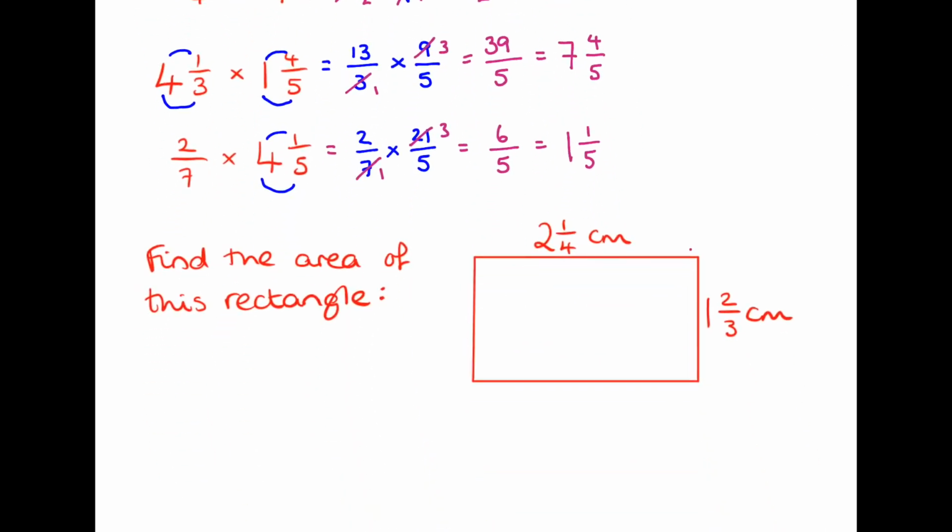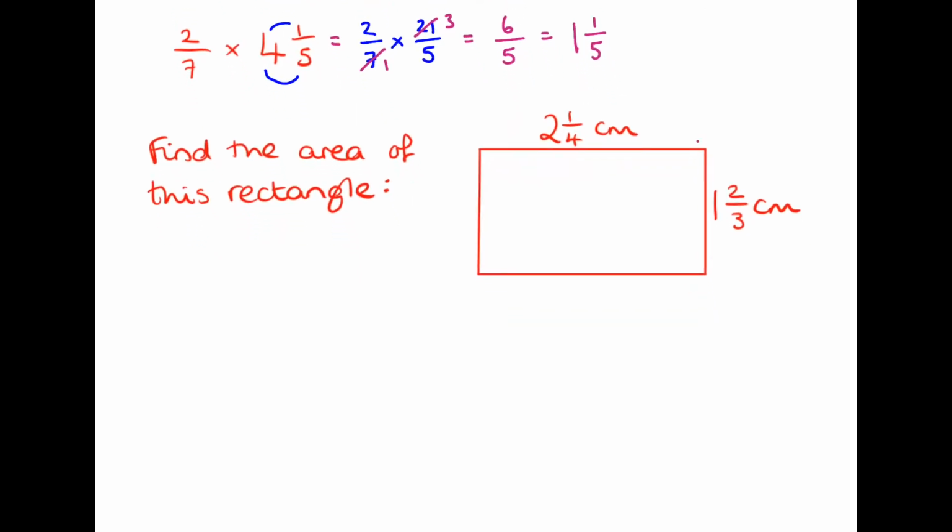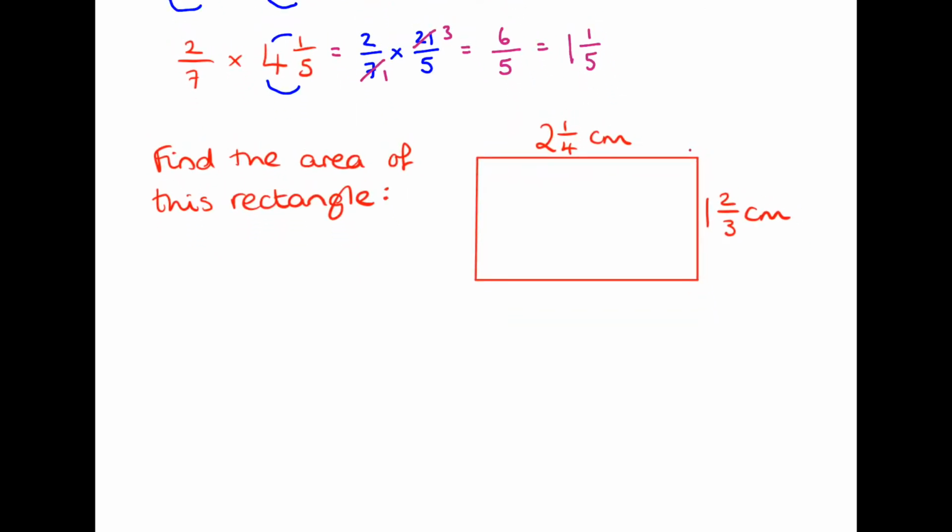Okay, and the kind of question that you might need to answer using these techniques is find the area of the rectangle, for example. So remember, area is length times breadth for a rectangle. So the length is 2 1/4 centimetres, and the breadth is 1 2/3 centimetres.